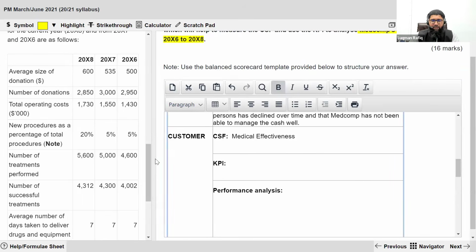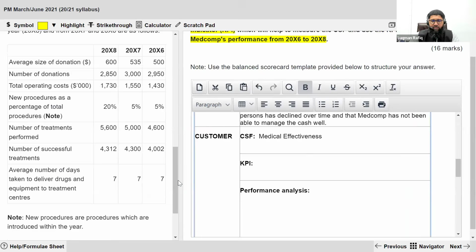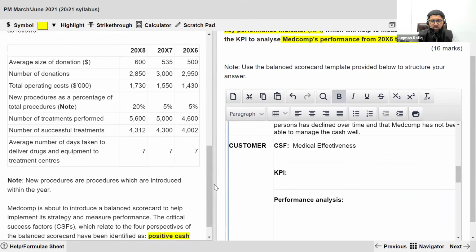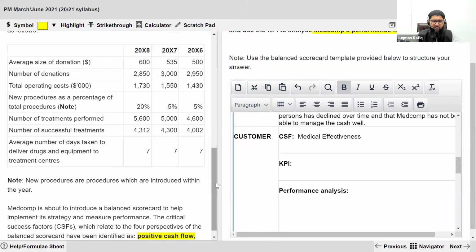What should be the KPI based on the available information? Any suggestions?